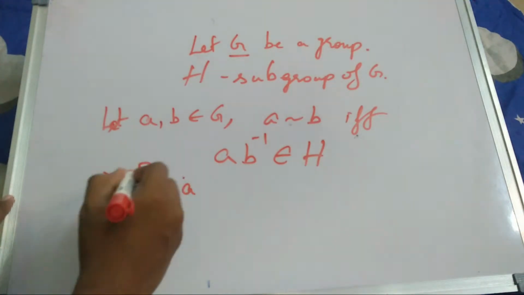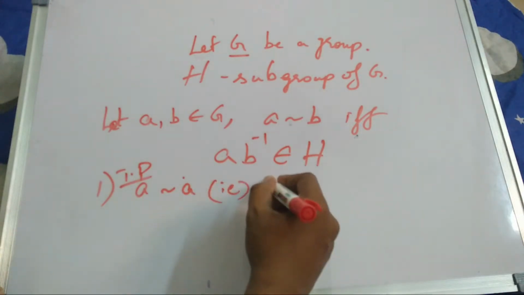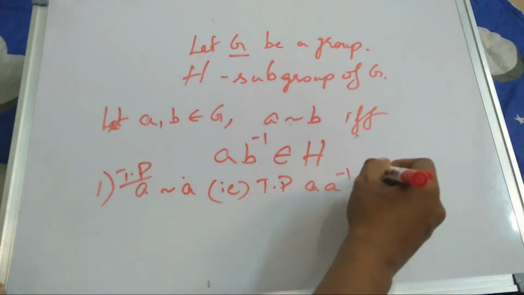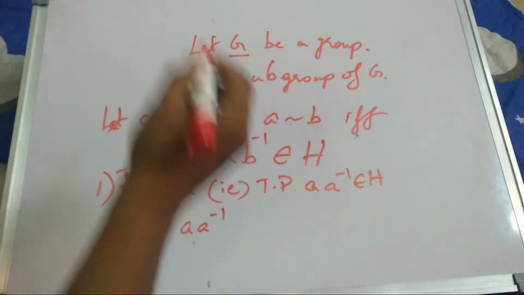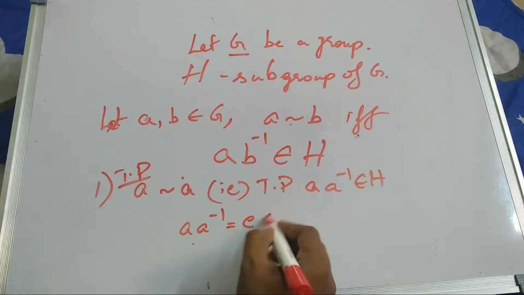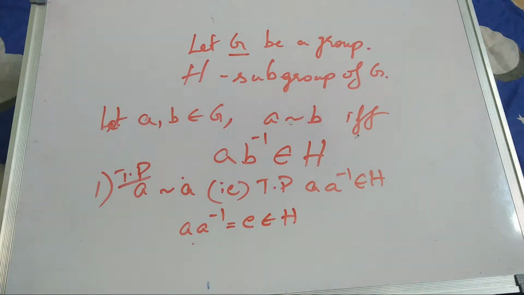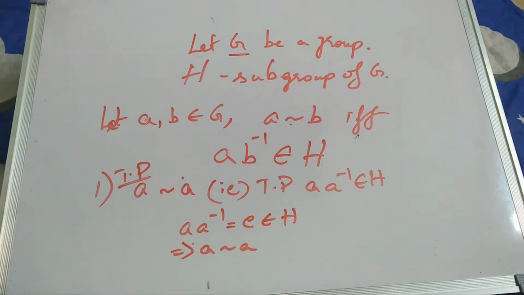To prove that, we need to show that a a inverse belongs to H. Now clearly, since it is in the group G, a a inverse is equal to the identity, and since H is a subgroup, this belongs to H. Hence a is related to a. So reflexiveness is true for this relation.